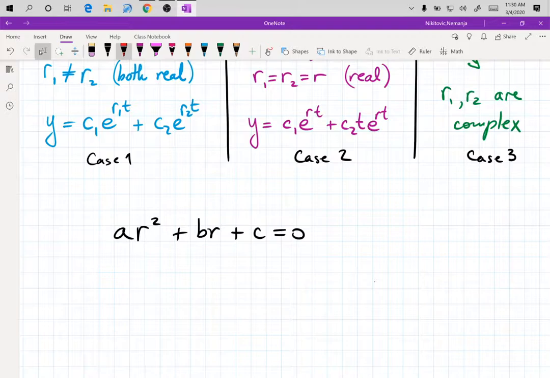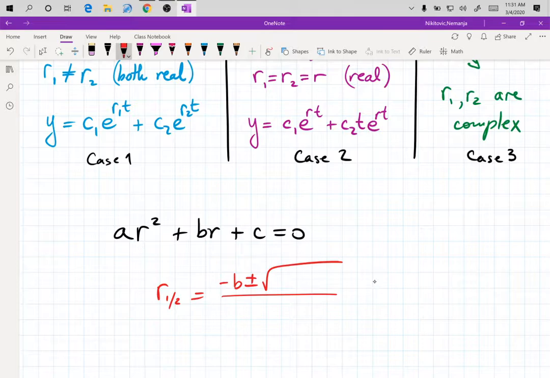So we are looking at the quadratic formula, r1/2, meaning you get both solutions with the same equation, is negative b plus or minus the square root of b squared minus 4ac, divided by 2a. This is the equation we are going to use to get our r's.